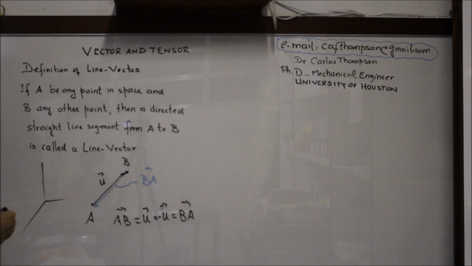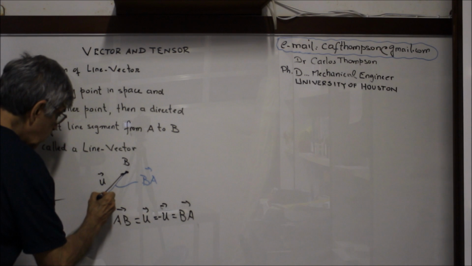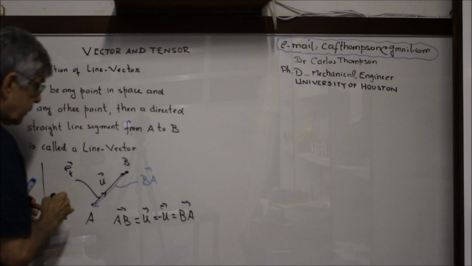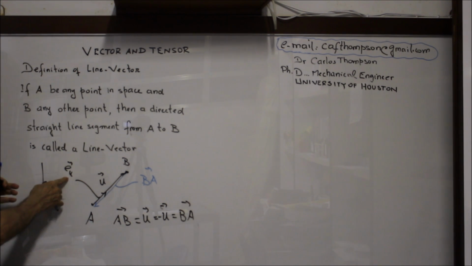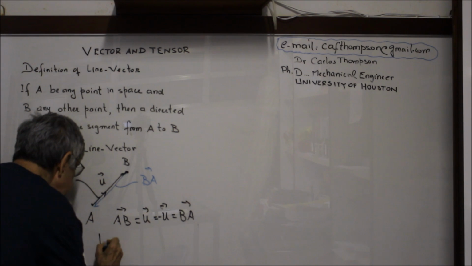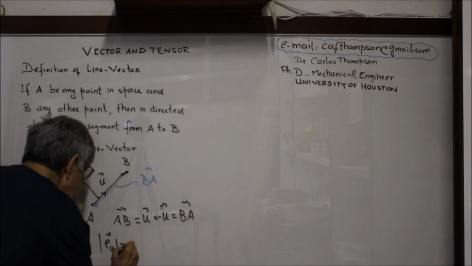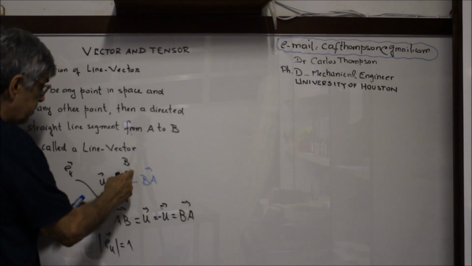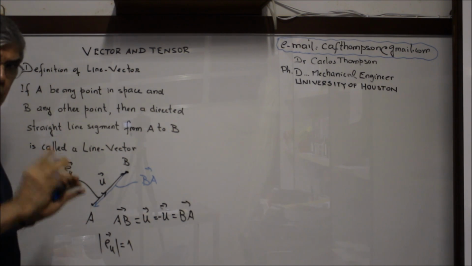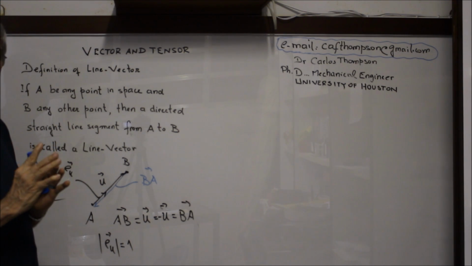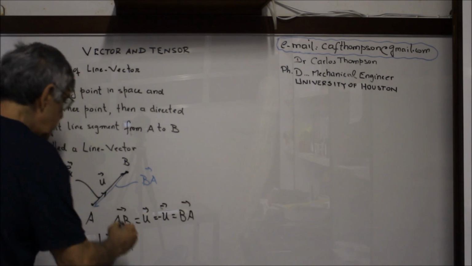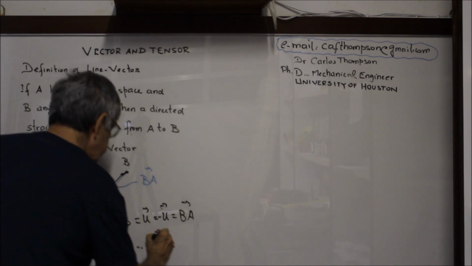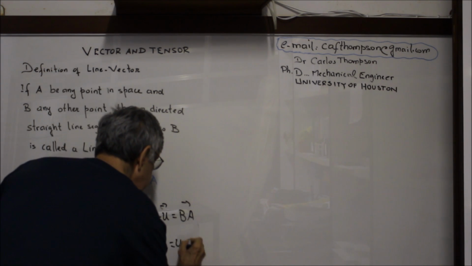In general, we always work with a unit vector, which we call EU, such that the magnitude of EU is equal to 1. So the magnitude of AB is a pure number, positive, in which AB is equal to U times the unit vector.